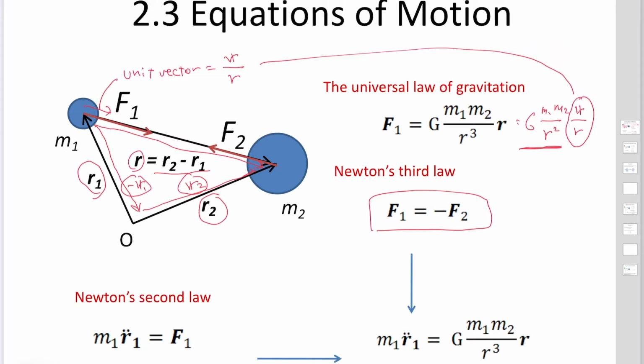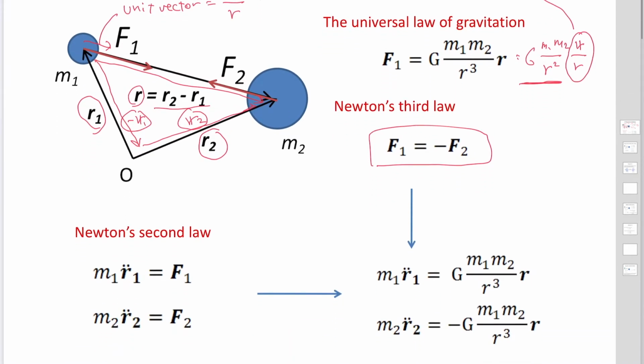Then we apply Newton's law: mass times acceleration is equal to the force. This is acceleration a sub 1, and this is a sub 2. Mass times acceleration is a force, Newton's law.